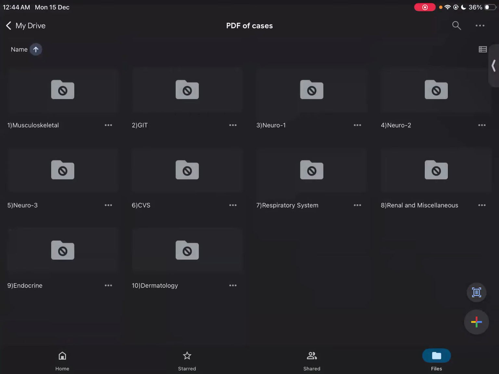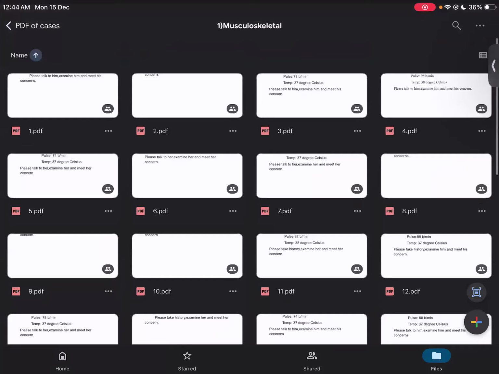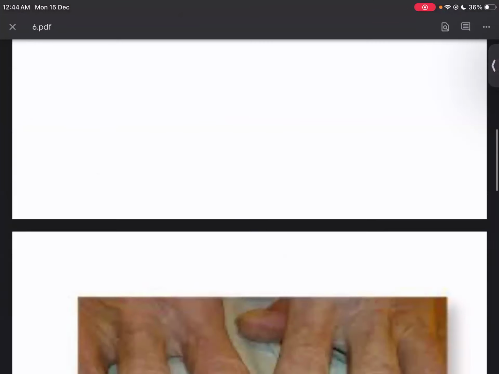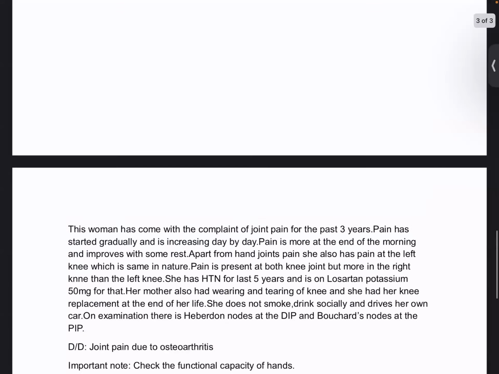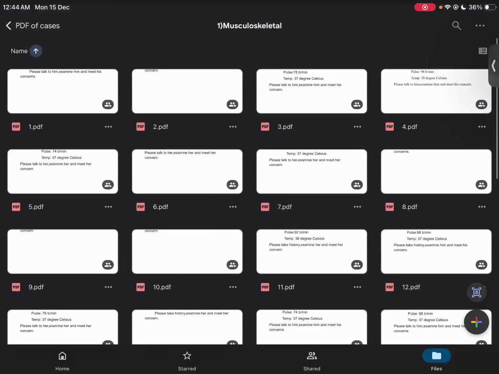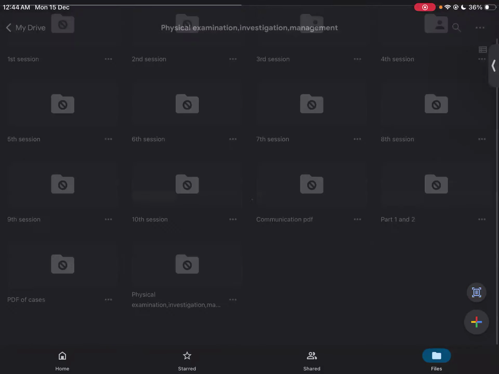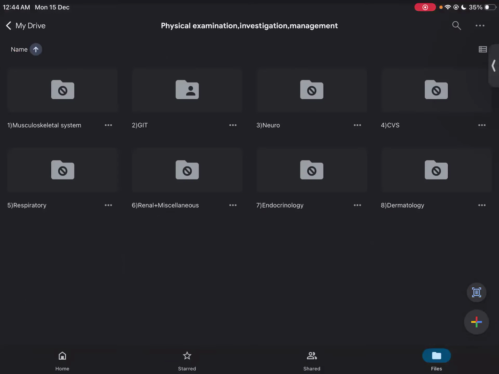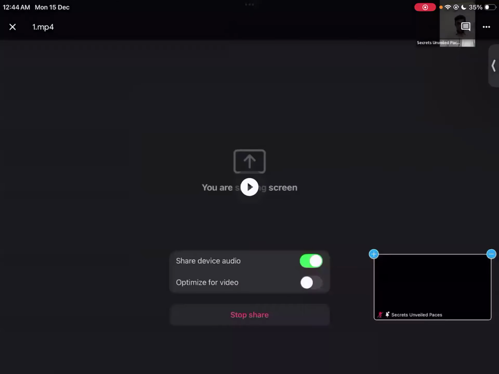From the musculoskeletal system, these are the cases. There are about 31 cases. You will be given this PDF in the form of pictures and all the other necessary details. This 31-case PDF access will be given to each individual. Then with a separate access, you will get the examination video for each of the cases separately.